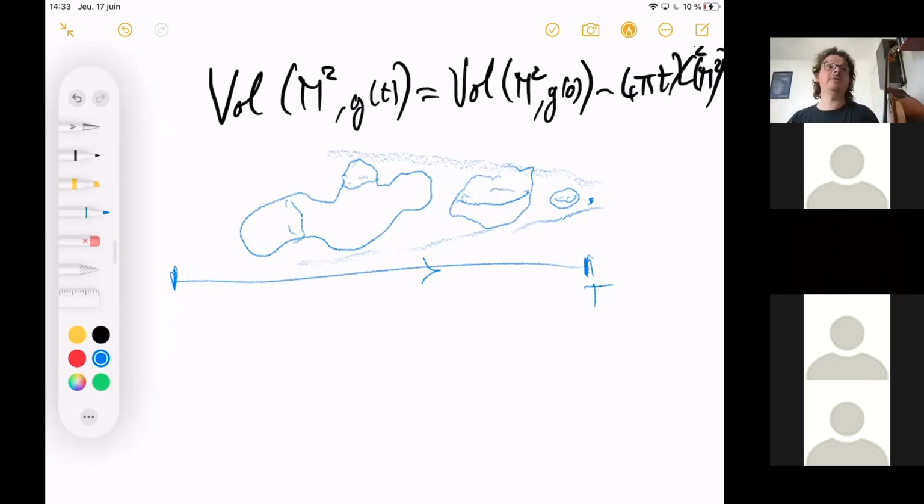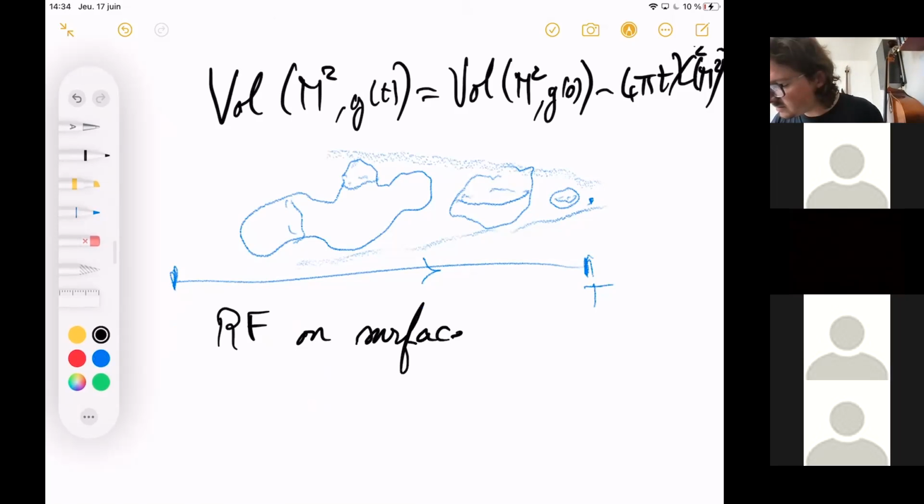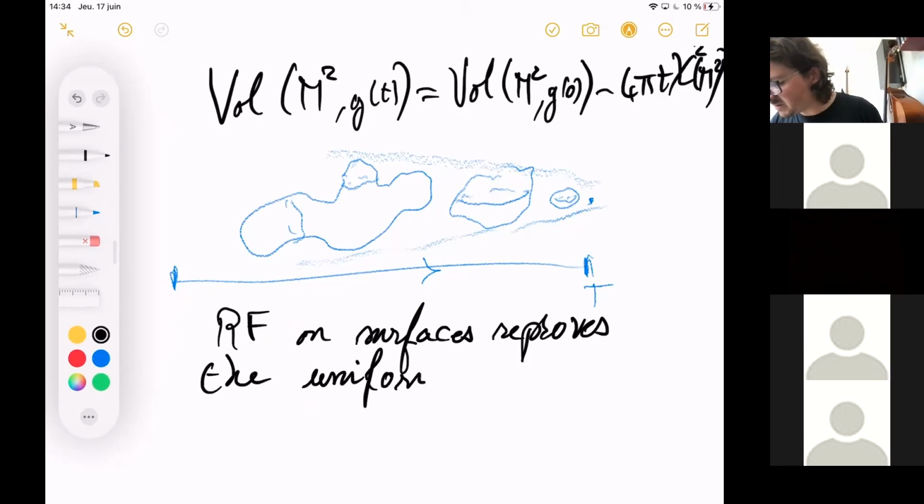And you have similar behavior for positive genus, negative Euler characteristic: up to some scaling, convergence to the constant curvature metric. So maybe just notice that the Ricci flow on surfaces reproves the uniformization theorem.